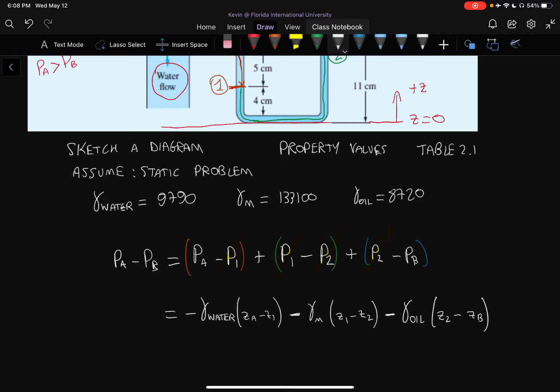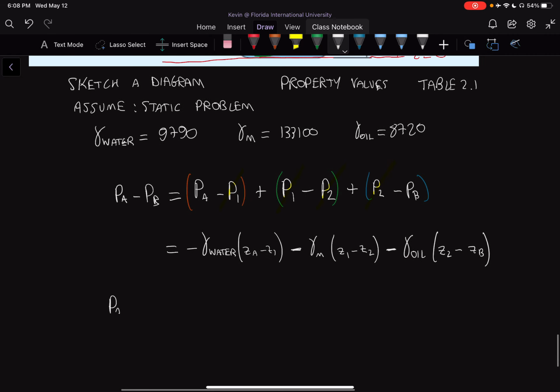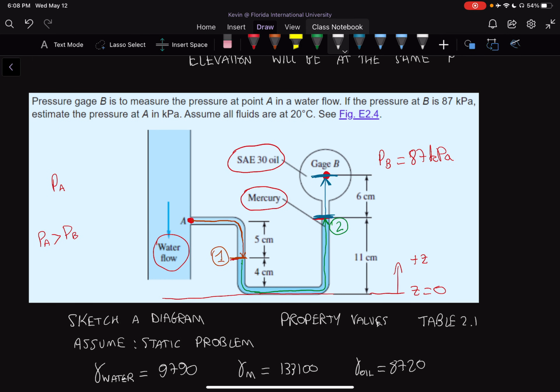So now we have PA minus PB is equal to some values. So let's put some values in now. The first value is minus 9,790 multiplied by ZA minus Z1. So what is ZA and what is Z1? We can see that ZA is from Z equals 0 to the top here. So it's 9 centimeters.